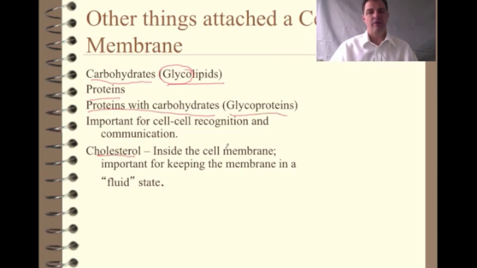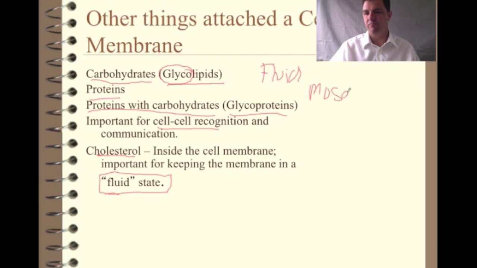You don't need to worry too much about this right now, but the idea is that in addition to the phospholipid bilayer, there's also these other molecules, and they're important for a variety of things such as cell-to-cell recognition and that kind of stuff. The cholesterol is important to keep it fluid. So when we describe the membrane, we often call this model the fluid mosaic model.